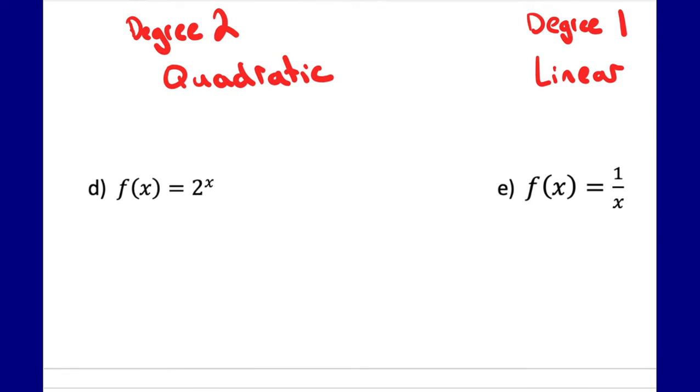If I look at this one, f of x equals 2 to the power of x, here I have an x. It does have an exponent of 1, however, in this case x is the exponent. The exponent is a variable.